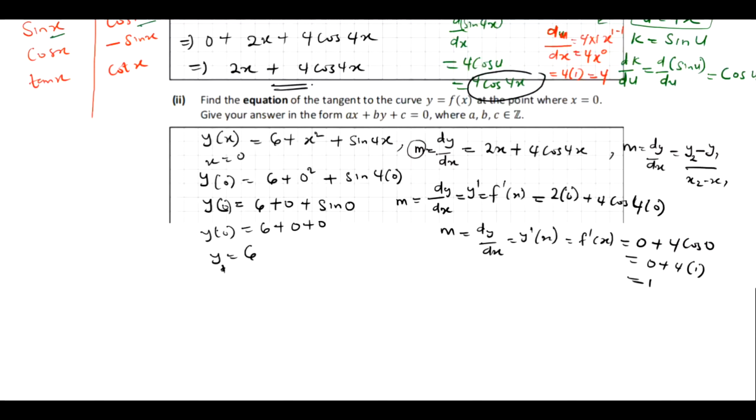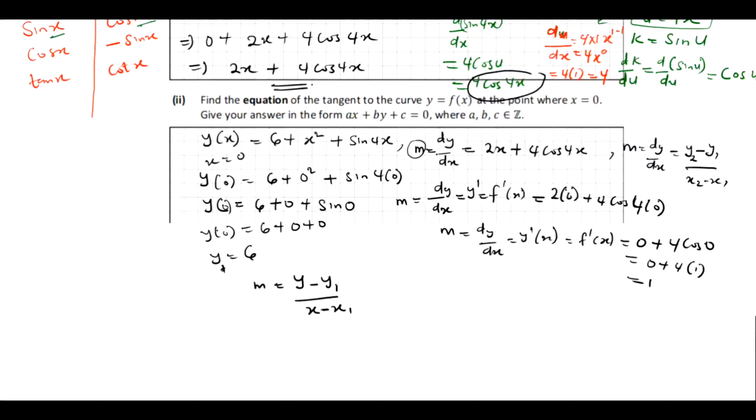Now, I don't want to use y1, y2, I can just use y. But because they use y and x here, let me maintain this one as y1. So I will just use y minus y1 and then x minus x1. What do I mean by that?